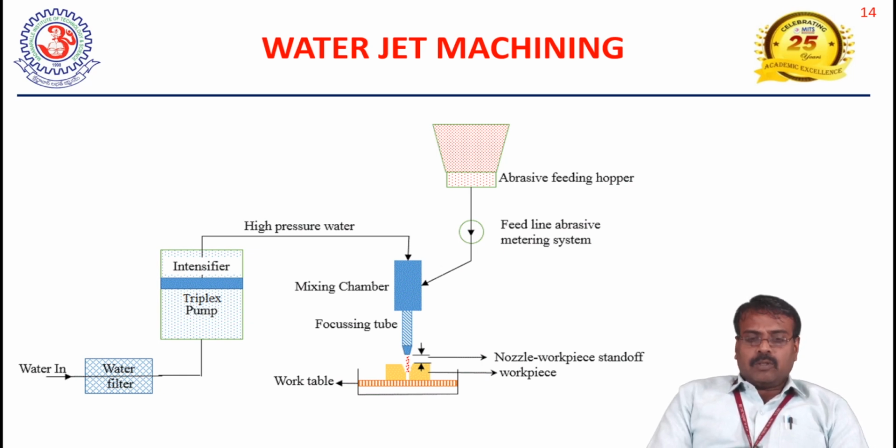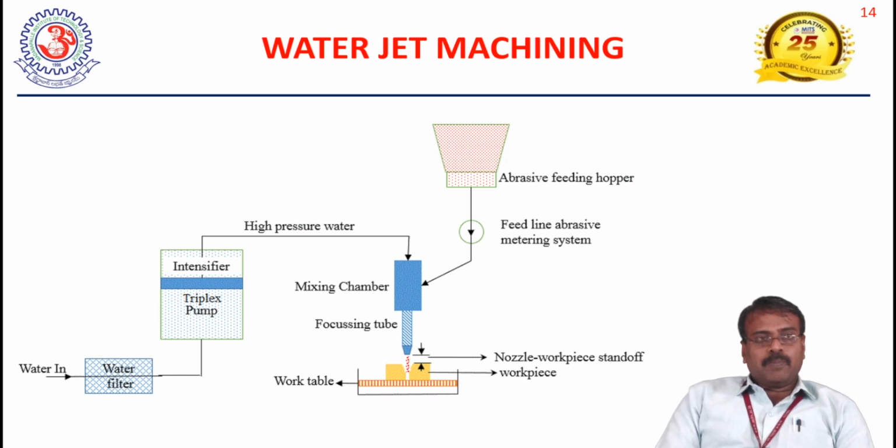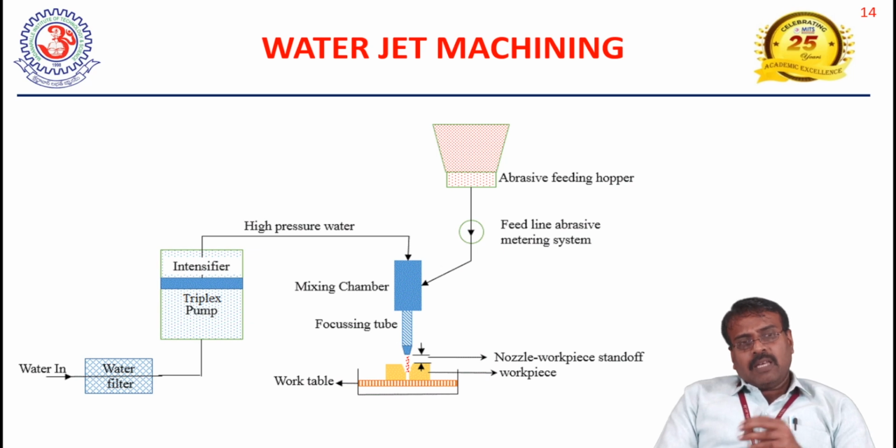The standoff distance is nothing but the distance between the nozzle and the workpiece. It is an important parameter. Based on that, we can get the surface roughness and many other output responses. In the mixing chamber, if you are skipping abrasives, no issues.